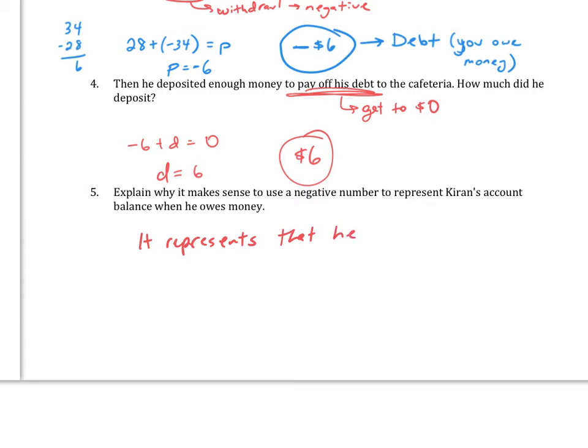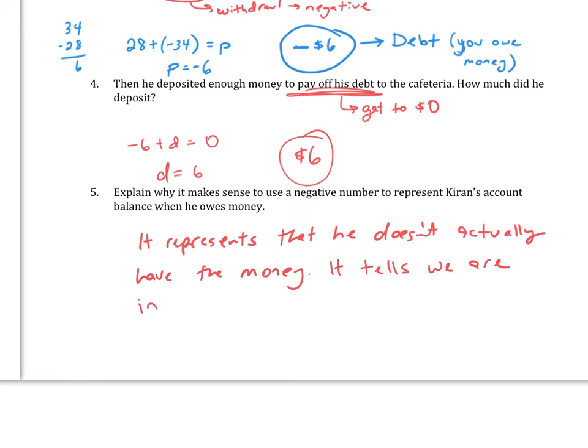Okay, it's something that has to be paid back. So we need to somehow represent that you owe some money. So we do that through negative numbers.